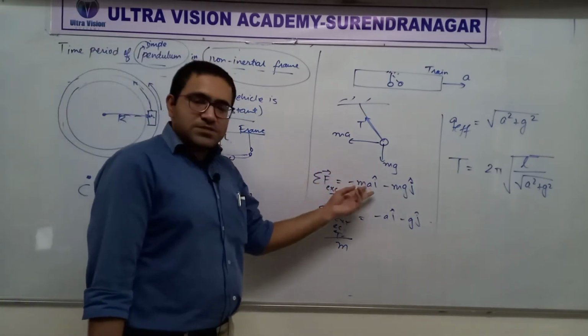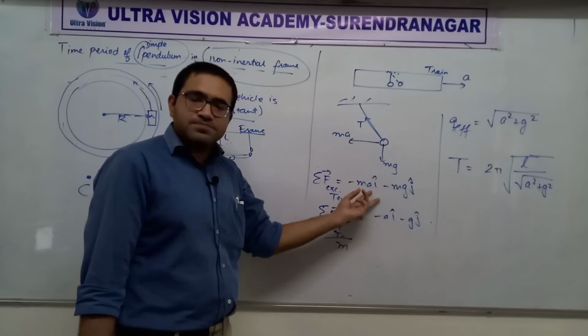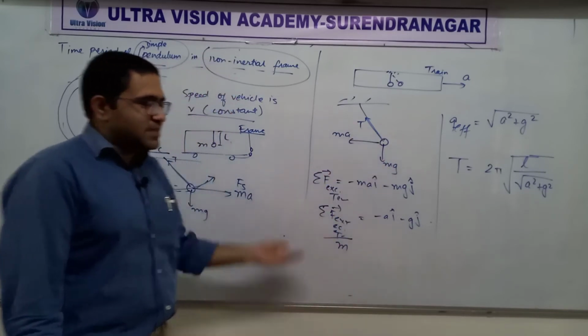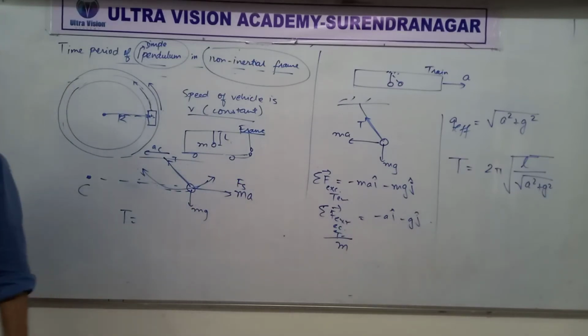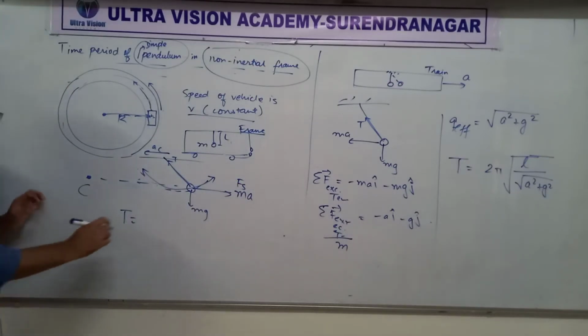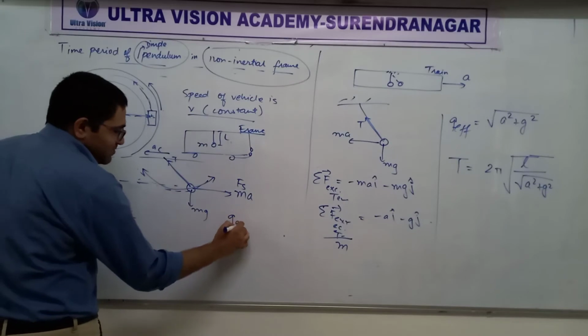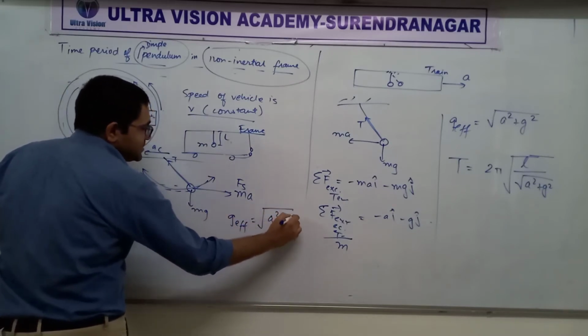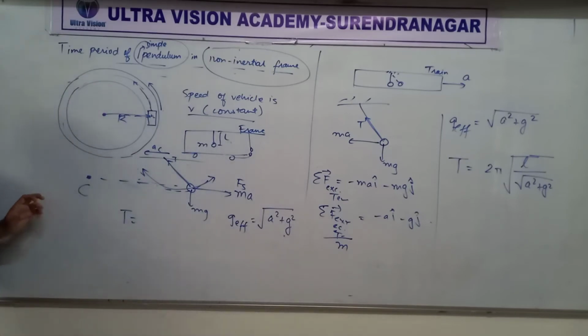Take the forces except tension, then take magnitude, divide by mass, then take magnitude. So g effective will be once again under root a square plus g square, right?